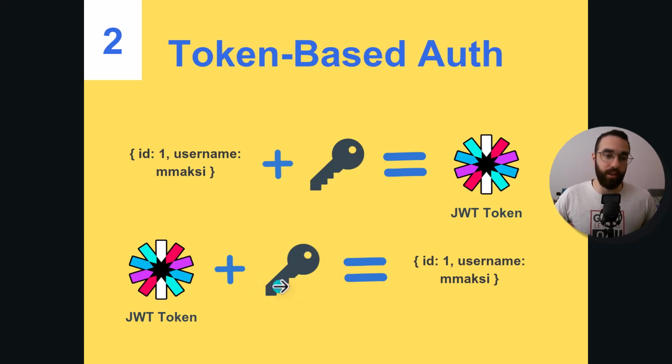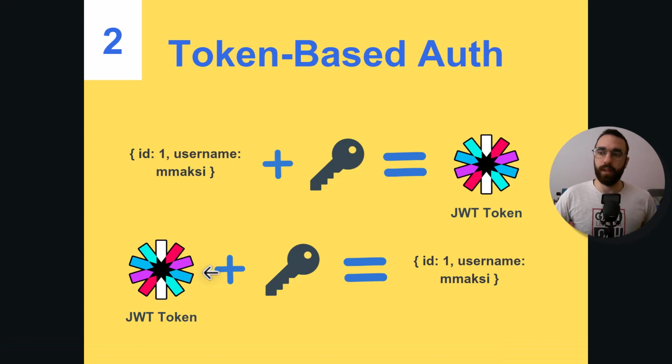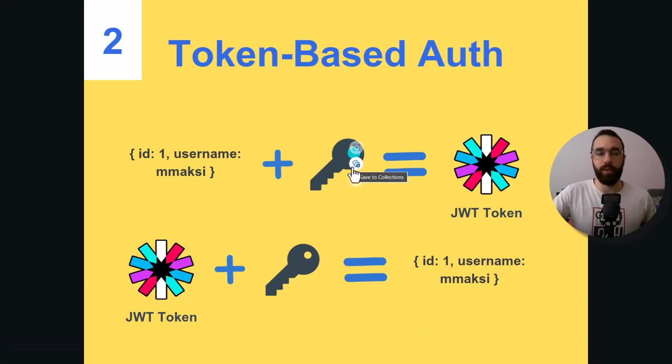But if the server affirms that this JWT token is created using the same key that it was originally created from, then it gives access. Okay, so the job of the key is to encrypt and decrypt the JWT token.